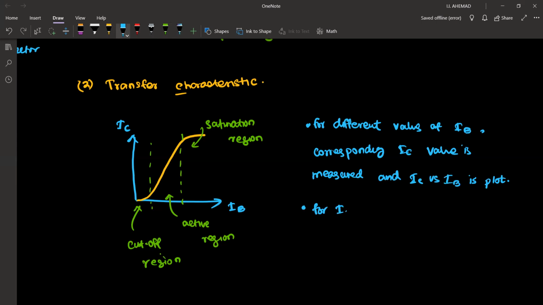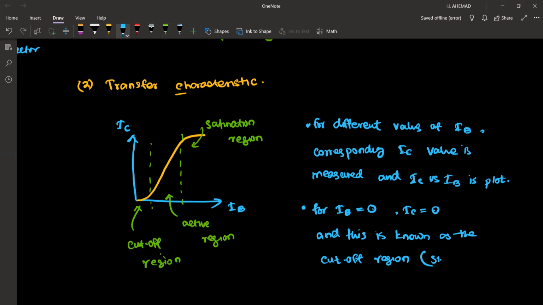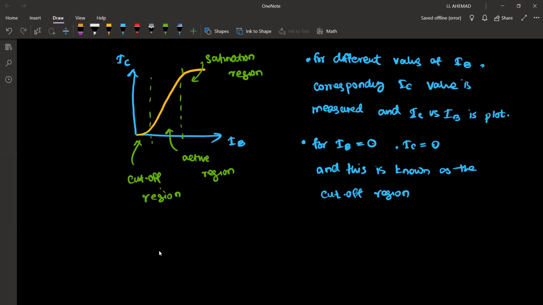For IB equals 0, IC is equal to 0. This is known as the cutoff region, similar to a mechanical switch off.